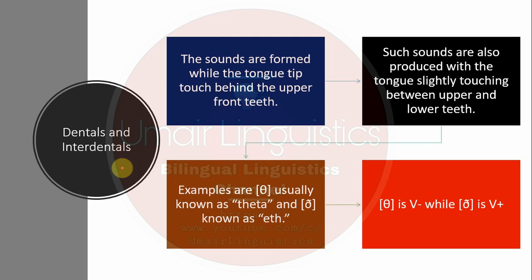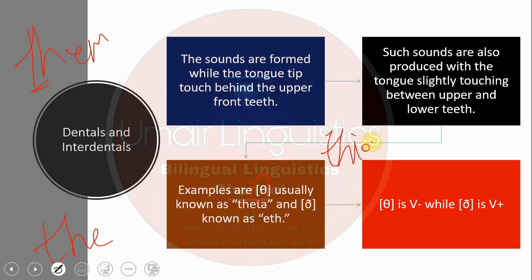There are actually two interdental or dental sounds in English. One is usually produced at the beginning of 'the', or rather always at the beginning of 'them'. And the other sound comes at the beginning of 'sing' or 'thank you', or at the end of 'aids'.